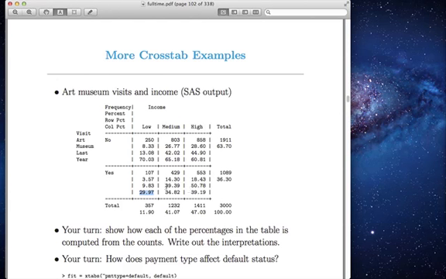So we've used conditional distributions to understand how the likelihood of going to an art museum depends on your income. Now, the story was the higher your income, the more likely you are to go to an art museum. So 30% for lows, 35% for mediums, 39% or so for the high income people.